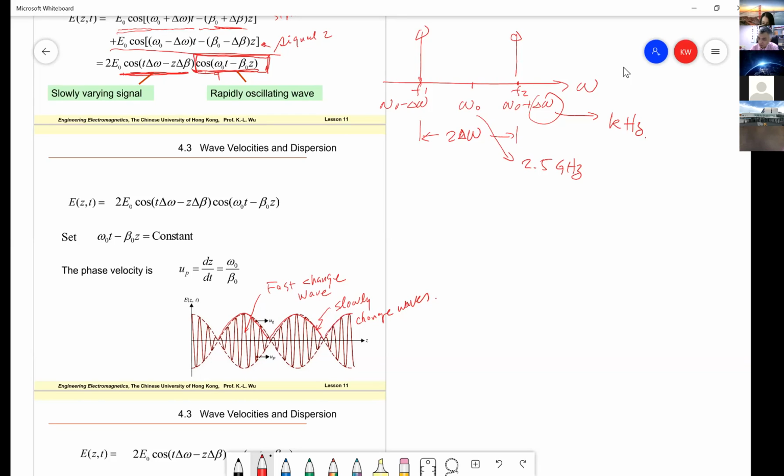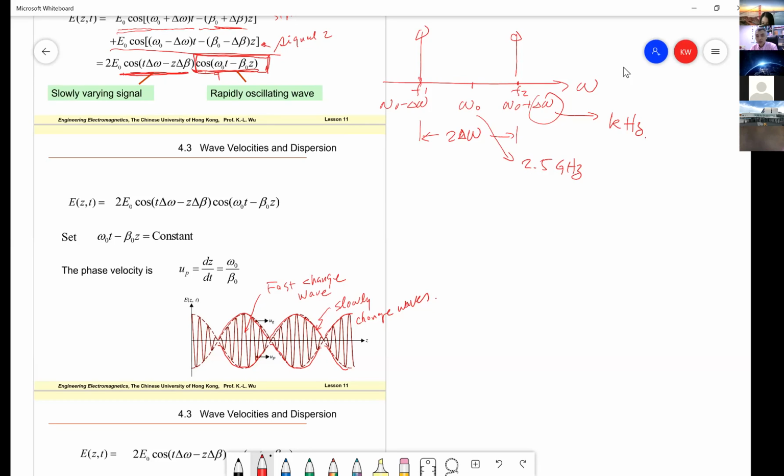This envelope carries the message, and the speed of the real signal depends on how fast this envelope travels, not how fast this phase changes.